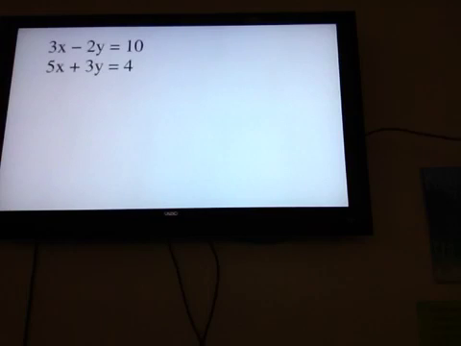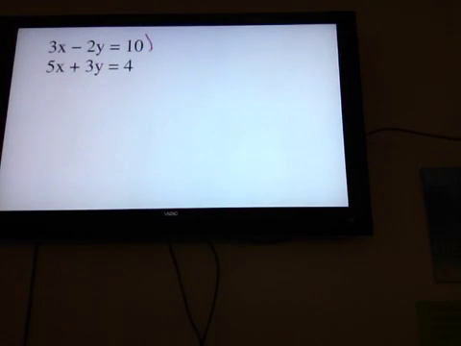How am I going to get X to drop out? Will it drop out right away? Like if I add right now, will it be 1? Okay, can I just change a sign? Can I multiply 3 and get 5? Okay, so I'm going to have to multiply both equations. So what am I going to take the top one multiplied by?